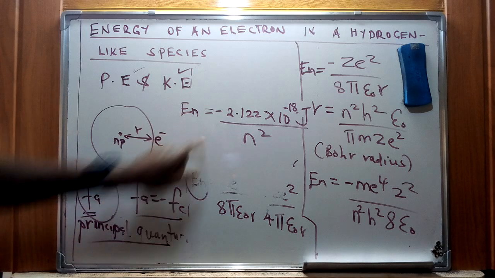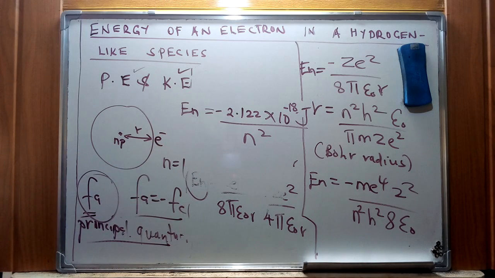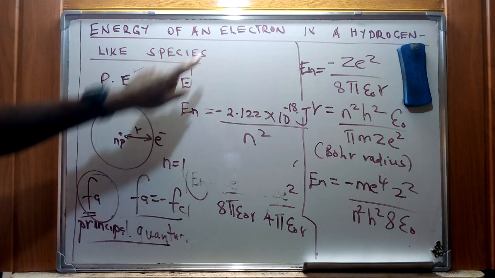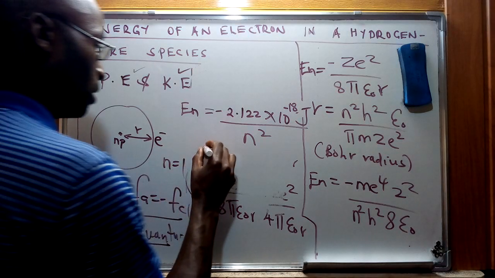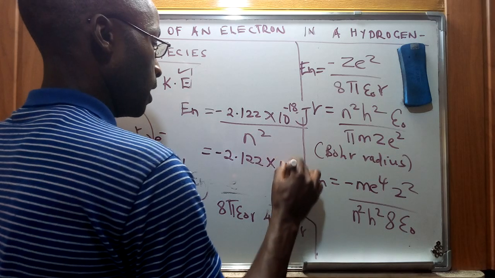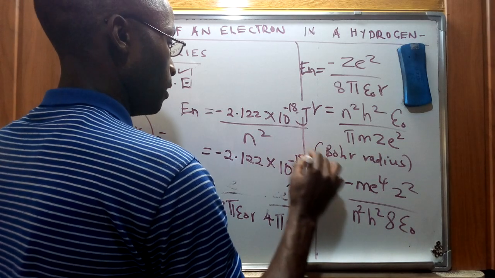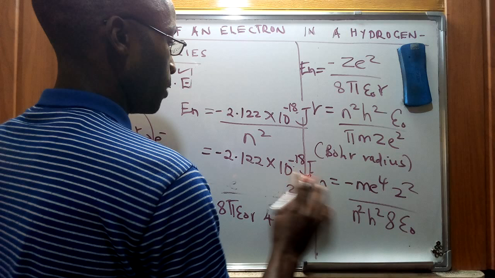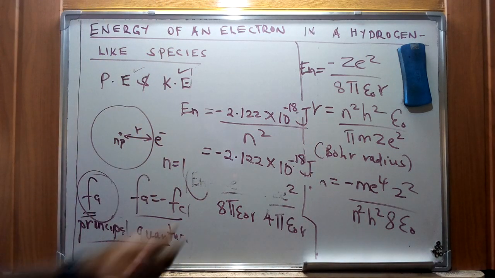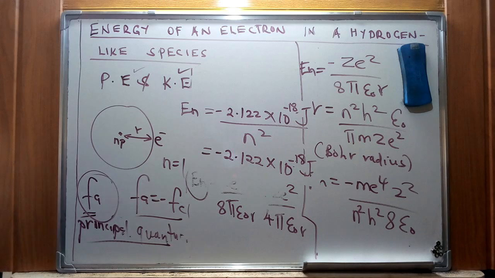So if we do a substitution for this, we're going to see that the energy of an electron in this specific electron nucleus model for a hydrogen-like atom is going to have the value of negative 2.122 times 10 to the negative 18 joules. And this negative value basically gives that aspect of attraction that we had given from this specific relationship at that particular point.